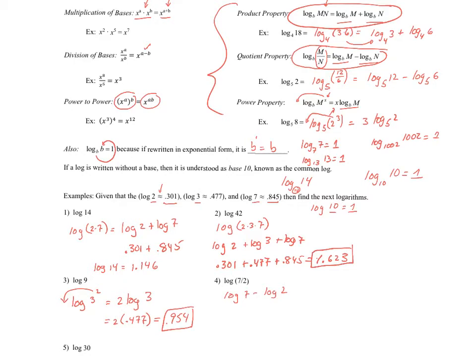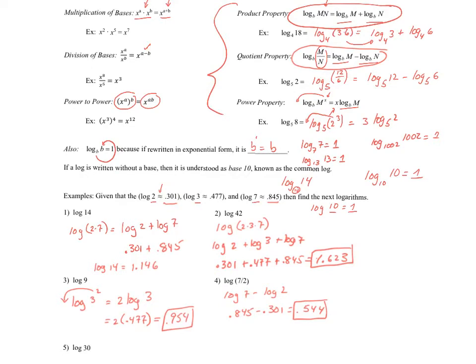Again, substitute in your given values: 0.845 minus 0.301, and we'll get 0.544. Now, guys, I really want you to be careful on division, because that's where students most commonly make mistakes. For some reason, they still divide those values. They might divide 0.845 by 0.301. Remember, division in the argument means subtraction of your logs.